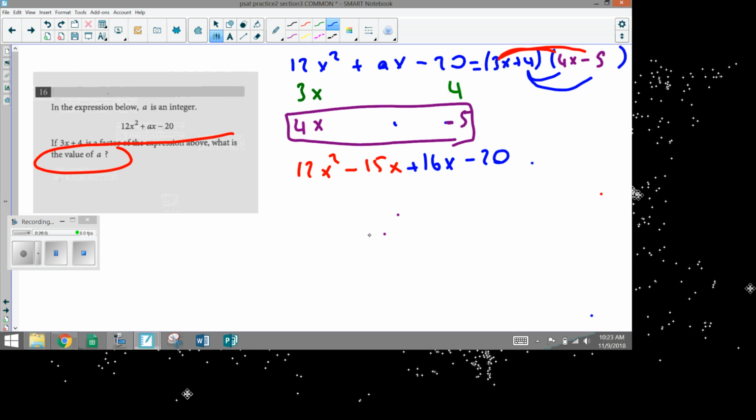Add like terms. So what is it, Trace? Add like terms. Good job. Then can I tell now what is a?